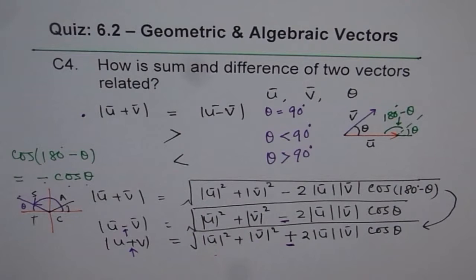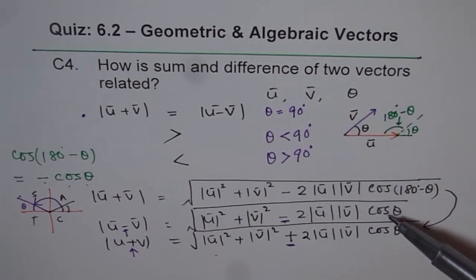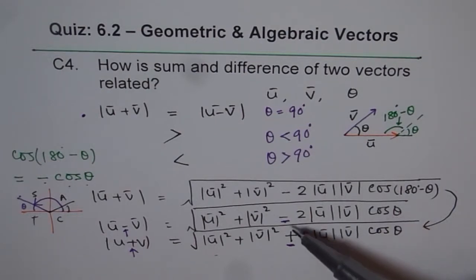The magnitude of sum and difference really depends on the angle between them. If the angle is 90 degrees, then cos of theta, which is cos of 90 degrees, is 0. Therefore, you are not taking away or adding anything to u square and v square, so you get the same thing.